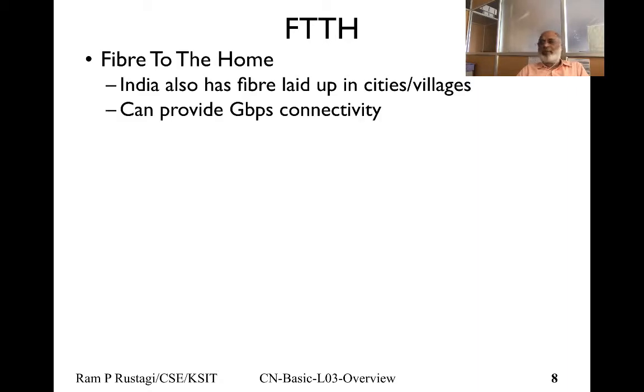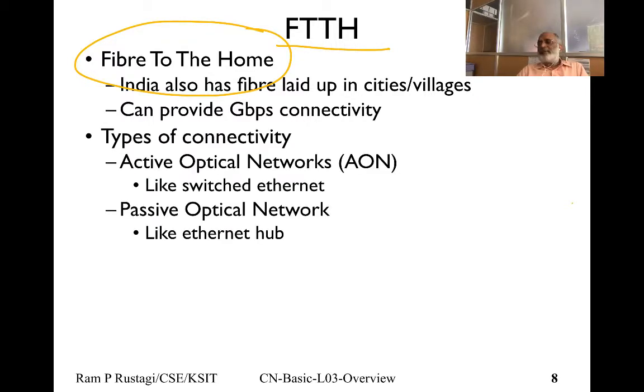Next is what is predominantly happening now: fiber to the home. That means everyone should get much higher bandwidth, and in rural areas we are laying fibers, so everyone will probably be able to access the network at gigabit rates and not just a few megabits. Again, there are two kinds of connectivity, what are called active optical networks or passive optical networks.